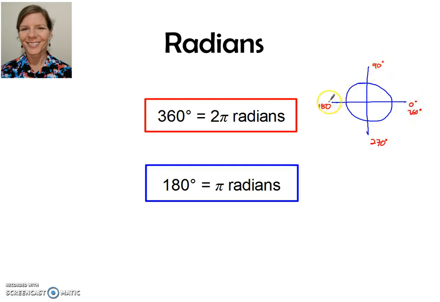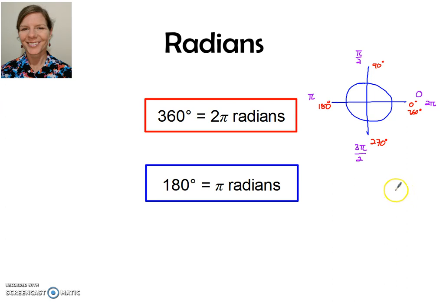When we're talking about radians, we start with 0 radians again, then up here we go pi over 2. This is pi, this is 3 pi over 2, and this is 2 pi over here. So this is in radians. You need to get used to the idea of using pi and pi on 2 for 180 and 90 and so on, being able to recognize those values.